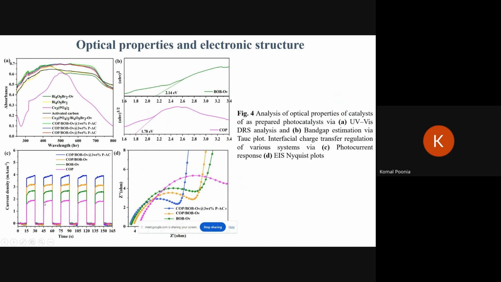Further, to testify the advancement in charge carriers after the heterojunction formation, photocurrent response analysis and EIS analysis were done, wherein the small arc of the cobalt phosphate heterojunction with activated carbon showed the least charge resistance, and the highest photocurrent transient confirmed a longer half-life of the reactive oxygen species.